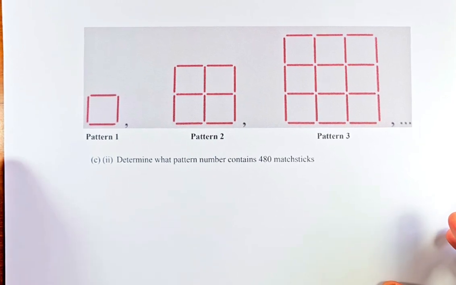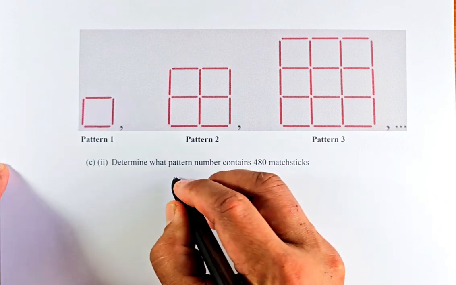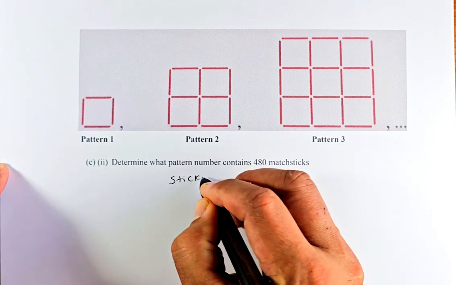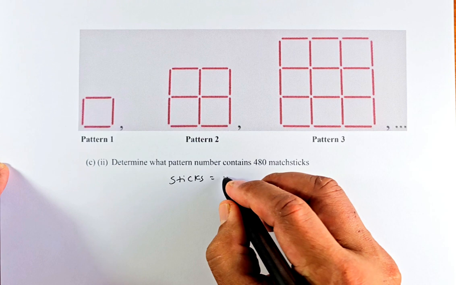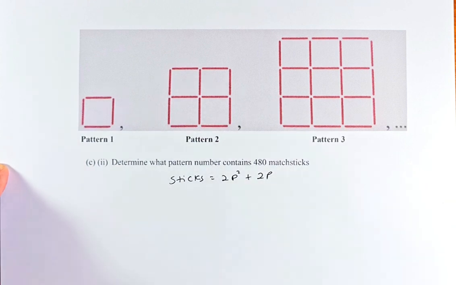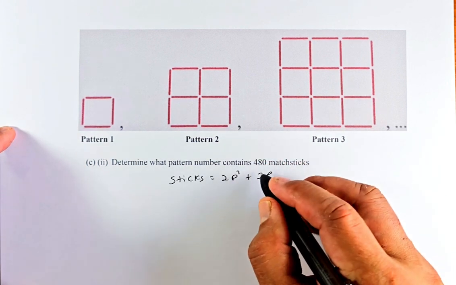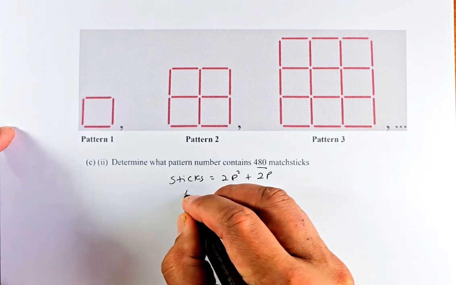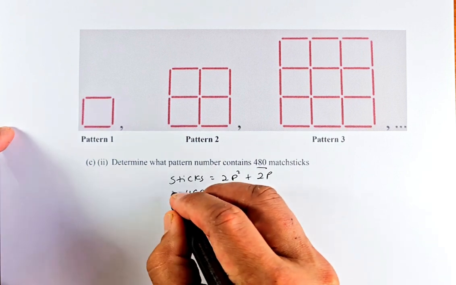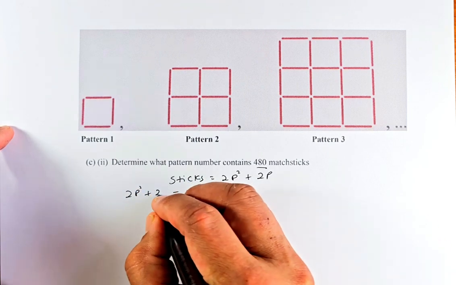Determine the pattern number that contains 480 matchsticks. So remember, sticks is equal to 2 pattern squared plus 2 pattern. Now we're going to solve for the pattern number by putting sticks equal to 480. So 480 equals 2p squared plus 2p.